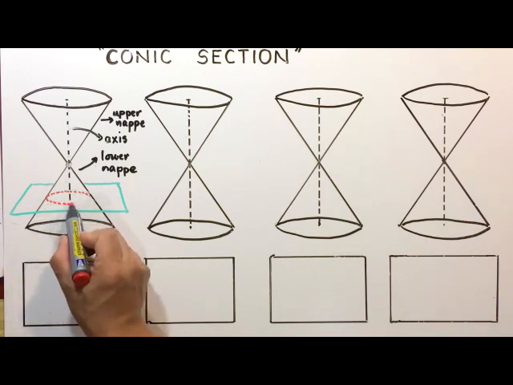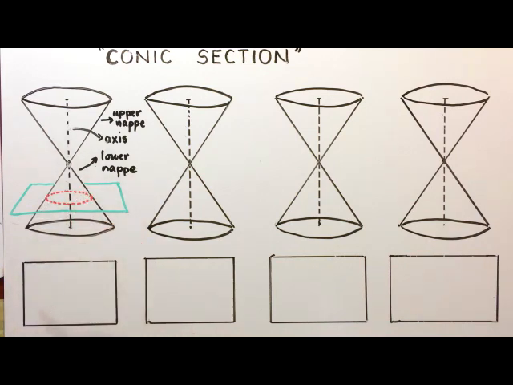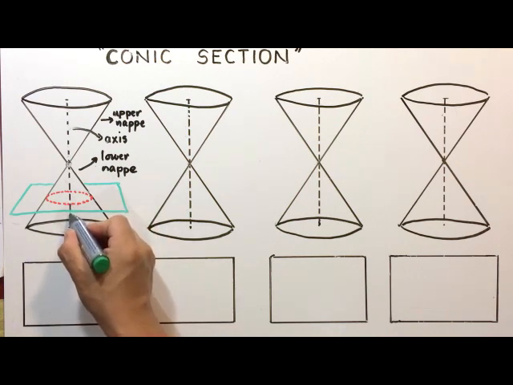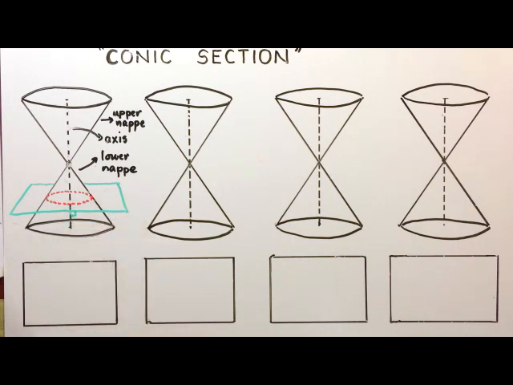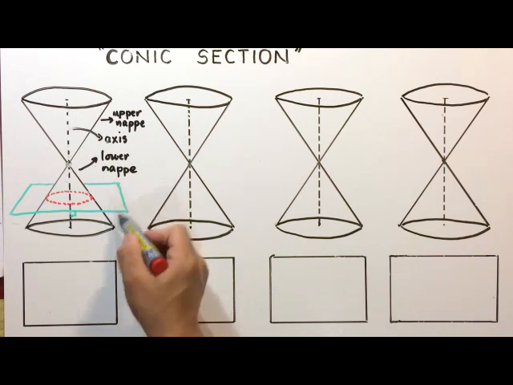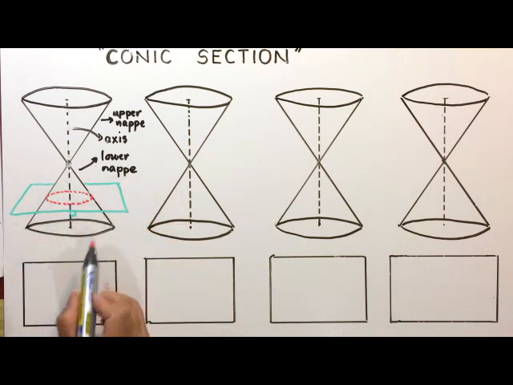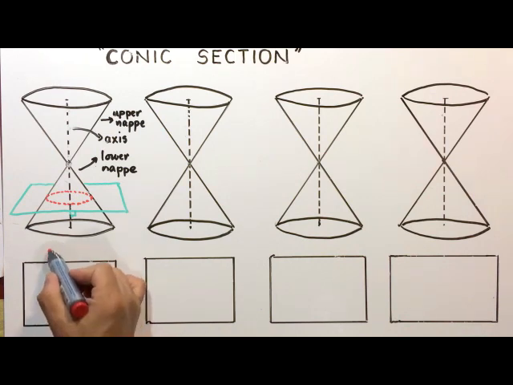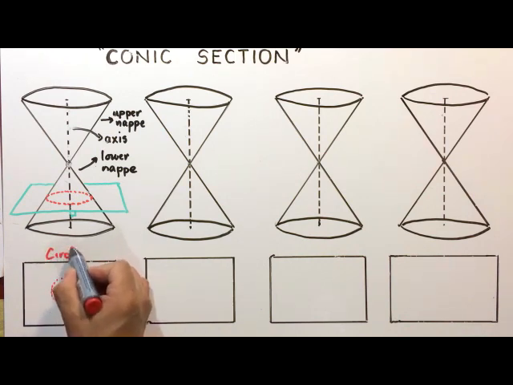But remember that this cutting plane is perpendicular to the axis of the conic. So, if you place this cutting plane here and trace that red line here, you form this figure. What did you form? You form what we call a circle.